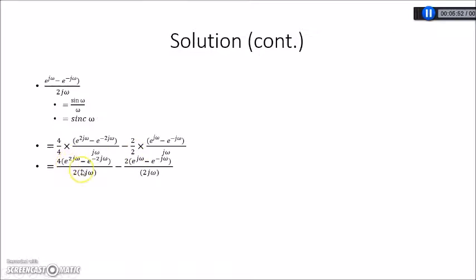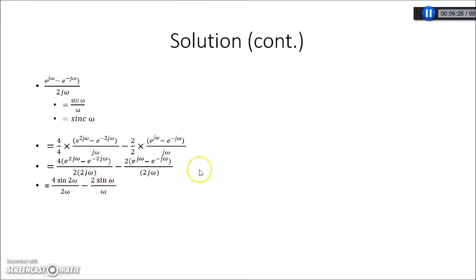Once we have converted into this form, we can finally deduce 4 sine 2 omega over 2 omega minus 2 sine omega over omega, because if you compare it with the function previously, we can convert it into its trigonometric form right here.